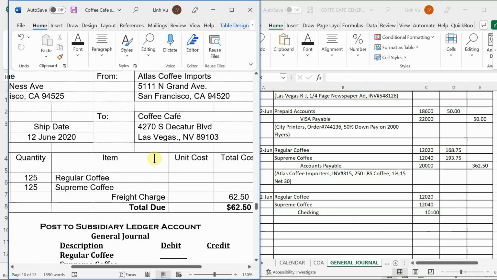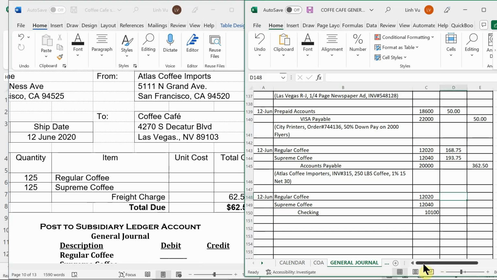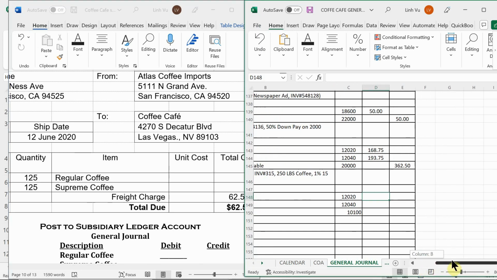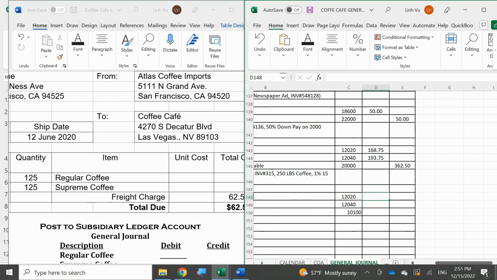How do you normally split shipping? By poundage, so that's why I did it by the pound. In this case, I bought exactly 125 pounds of regular and 125 pounds of supreme. So I can simply take my total shipping cost of $62.50 and split that into two to give me a total of $31.25 for each coffee, giving you a grand total of $62.50 for shipping.